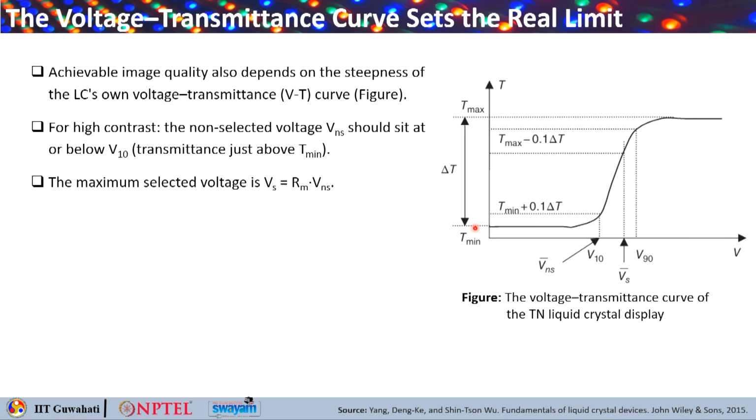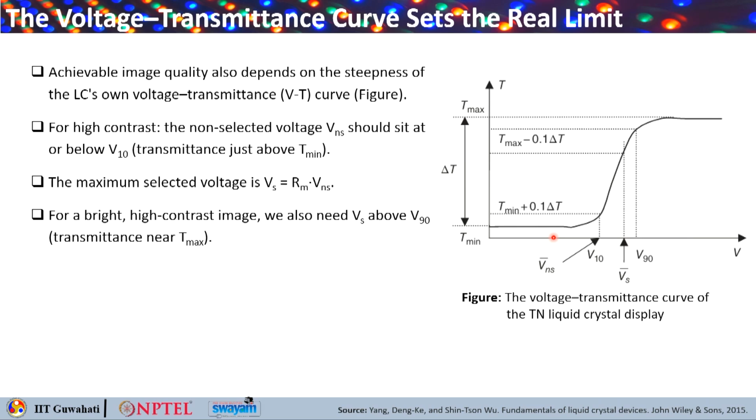So for a good dark state, we want the non-selected pixels' RMS voltage, that is the VNS, to sit at or below the V10. So it should be here or below this, so the transmittance stays as close as possible to T min.